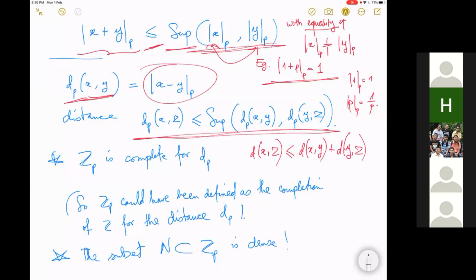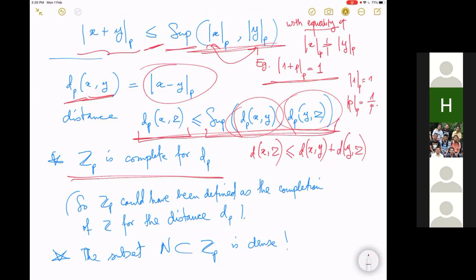Here, you don't even have to take the sum. You just say the distance from x to z is smaller than whichever of these two distances is bigger. So a fortiori, it's smaller than their sum. One of the properties of Zp is that it's complete for this distance.